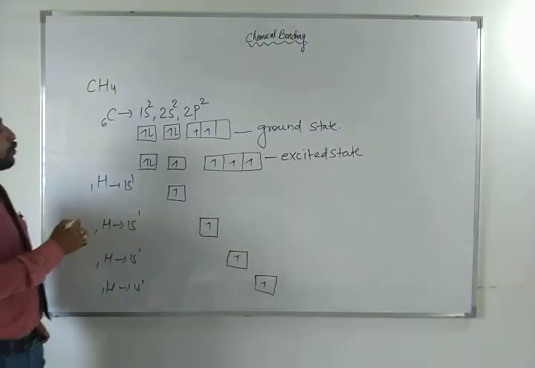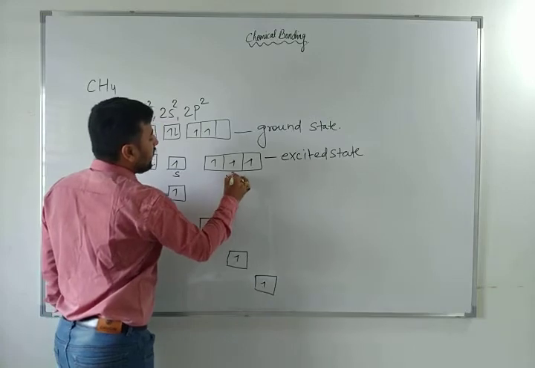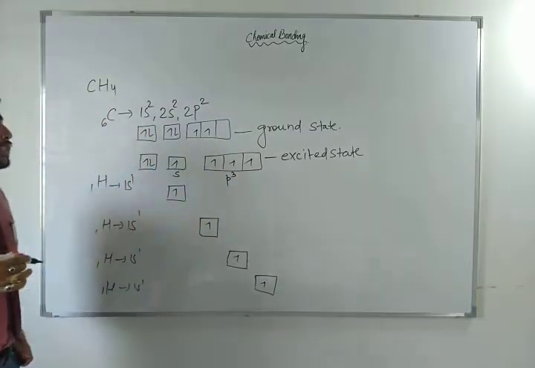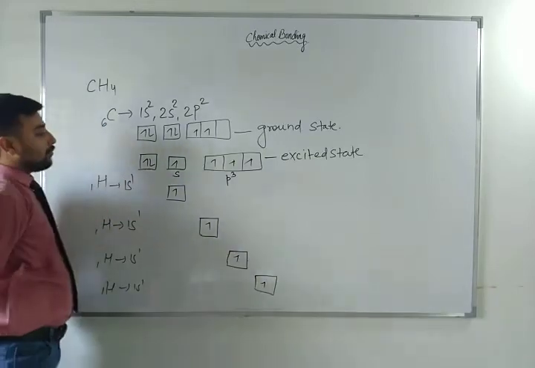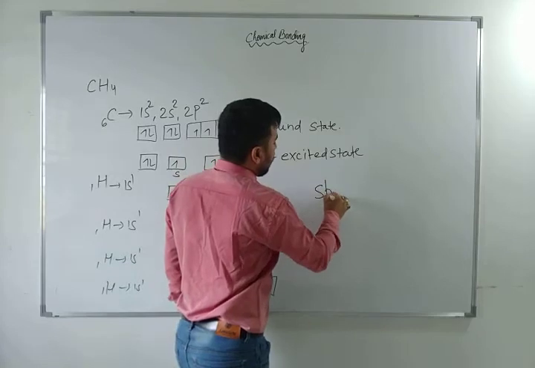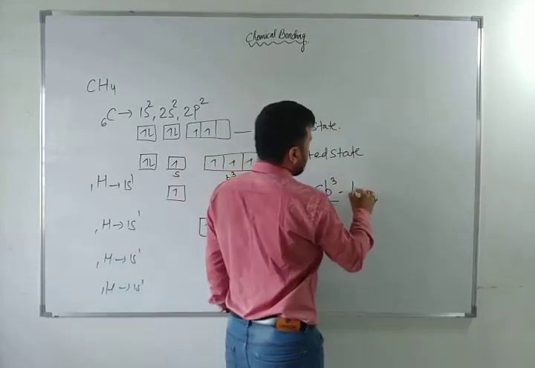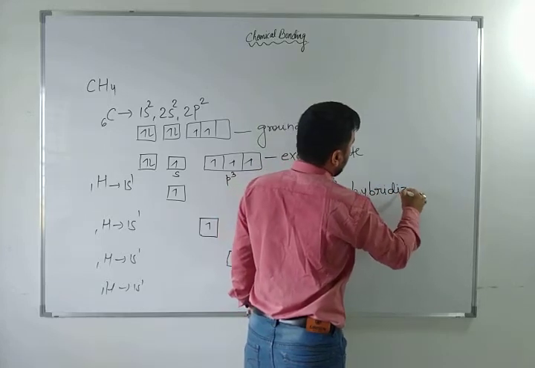Now there are a total of one s and three p hybrid orbitals, in which all 4 hydrogen atoms can be accommodated, and there will be a formation of sp3 hybridization.